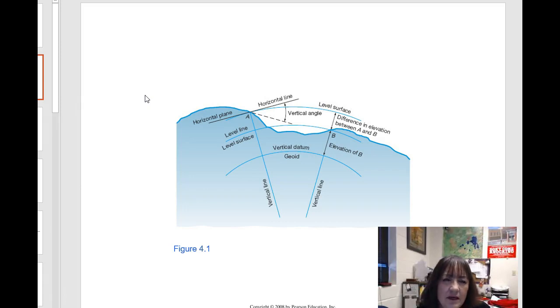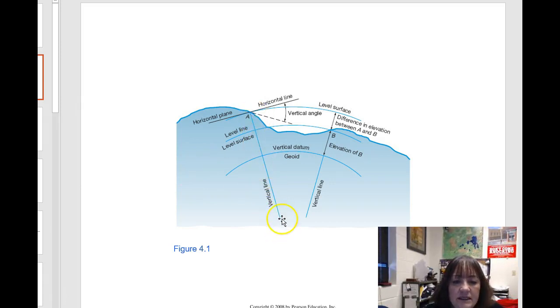So when we talk about a level and we talk about the idea of a horizontal line or a level line, in everyday usage we would probably think of these two things as being the same. But here on this diagram, from the point of view of a level, we actually have a difference. So we're going to talk about this just a little bit.